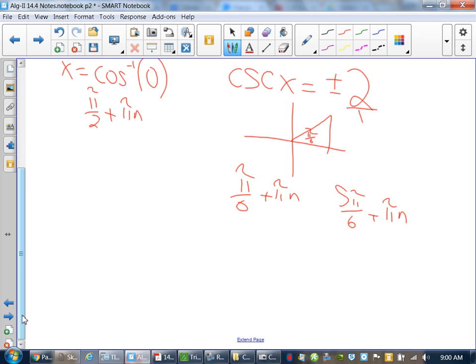There are some that are on here that you do not know how to do, nor am I going to ask that you know how to do this quite yet. We will probably come back and revisit some of these problems later after we learn about our trig identities.